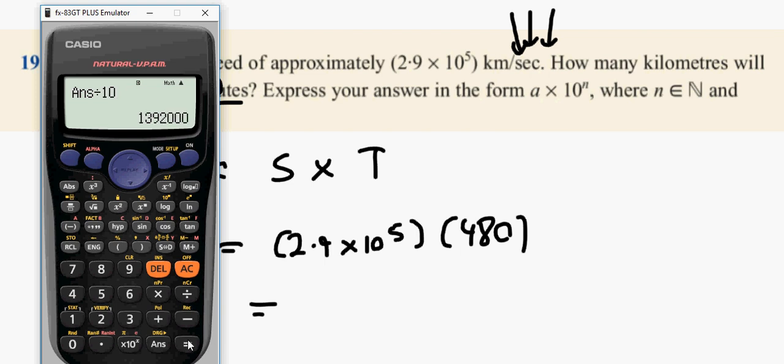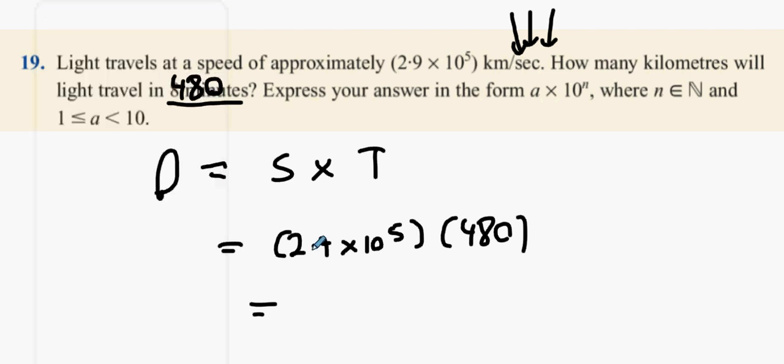Once, twice, 3 times, 4 times, 5 times, 6 times, 7 times, 8 times. So 1.392 by 10 to the 8. Is that okay with you guys? Happy enough with that? I knew that was an answer.